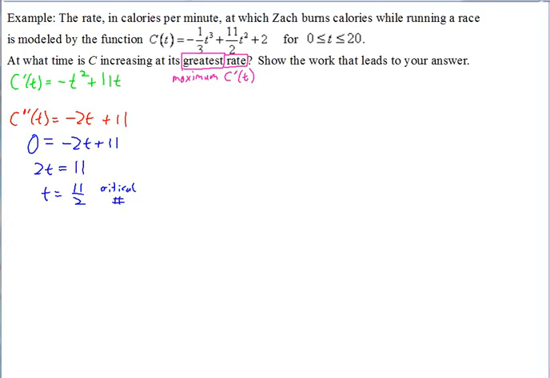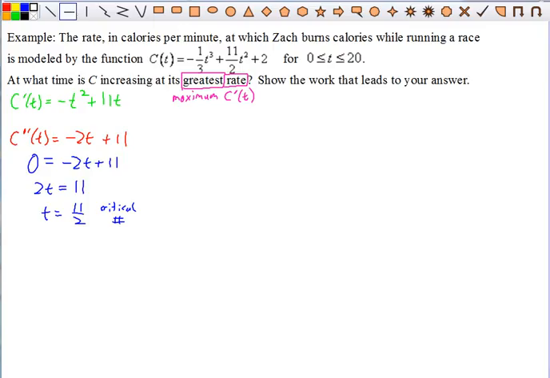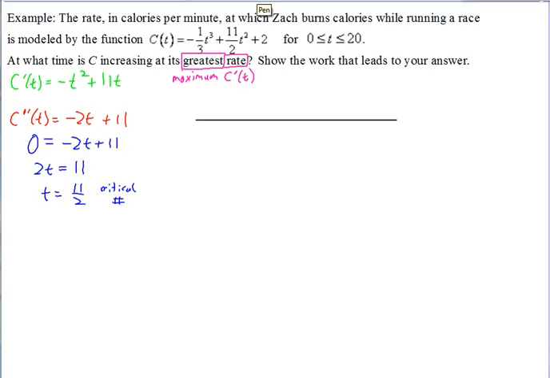And then you draw your number line. Our interval here is from 0 to 20. And then label 11 halves on there, which is in that interval. So label c double prime of t, we know it's 0 right there. And then if we test something like 0, since it's not a critical number, I'll make c double prime positive.